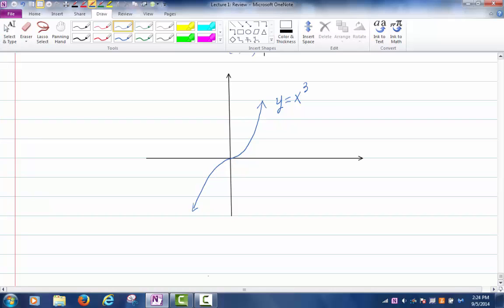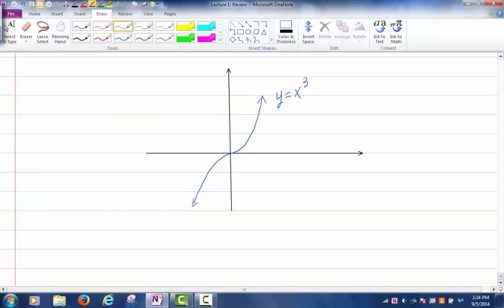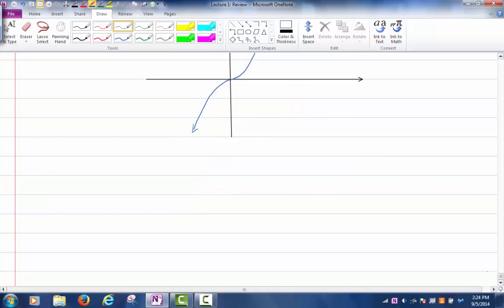What's the height at negative x? It's negative x cubed. What's the height at x? It's x cubed, so which are negative of each other. Is that making sense? Okay, so this is an odd function. So let me just write down odd.